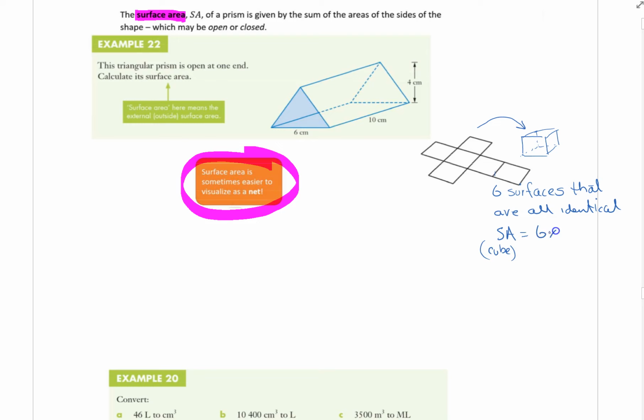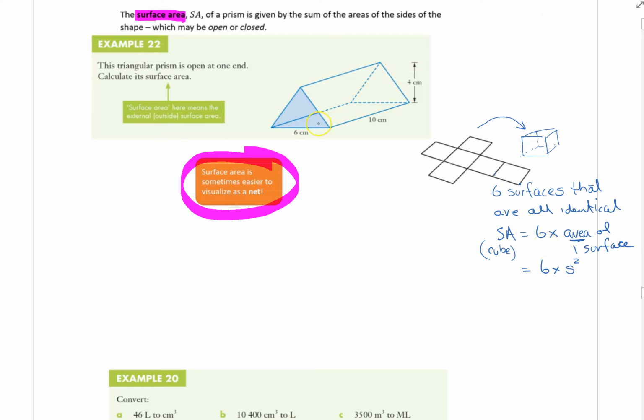We can do 6 times the area of one surface. And I'll just finish that off for you. The surface on a cube is a square, and the area of a square is side squared.